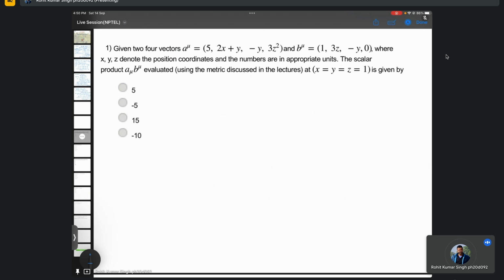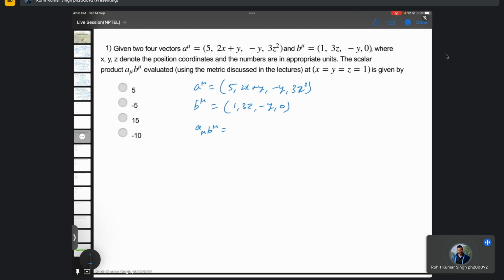Here the 4 vector is given like this. These are just mathematical questions, nothing to do with physics, just to get you acquainted with the 4 vector notation. So two 4 vectors are given like this, and we have to find the scalar product.